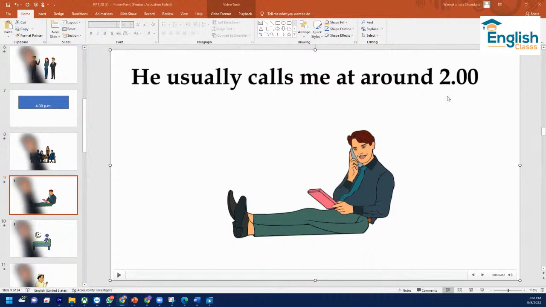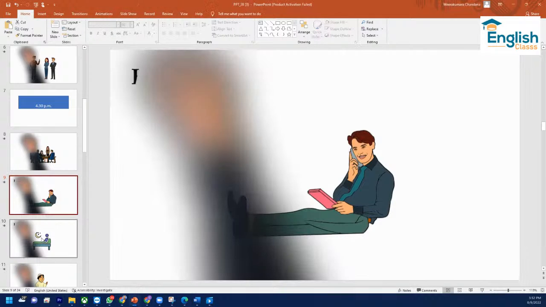We can say at around 2 o'clock or at about 2 o'clock. It's a simple present tense sentence, so we have added an s sound at the end of the verb because the subject is singular. He calls. He usually calls me at around 2.